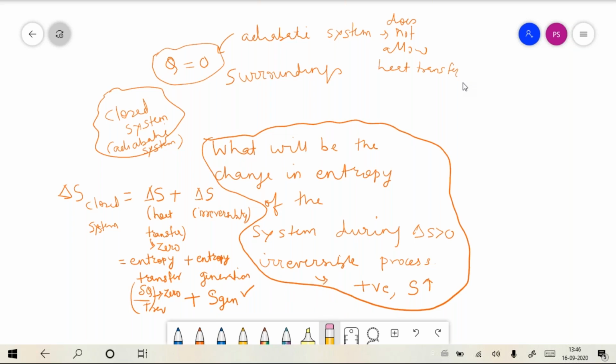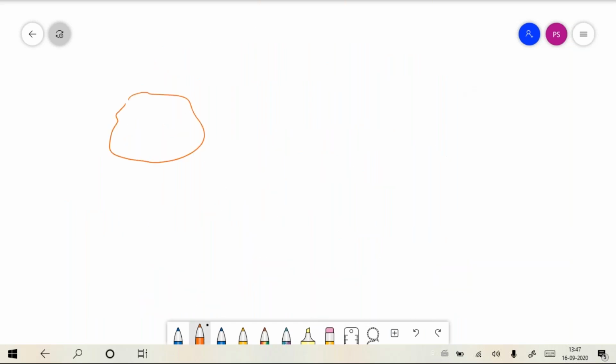Clearing the canvas. Okay, I'm leaving this question to you unanswered, which can be taken up in the next class. Suppose this is a system, and there is a transfer of heat from the surroundings to the system.